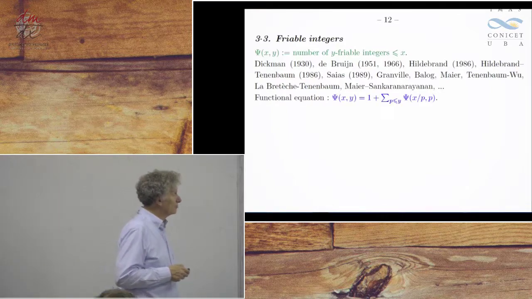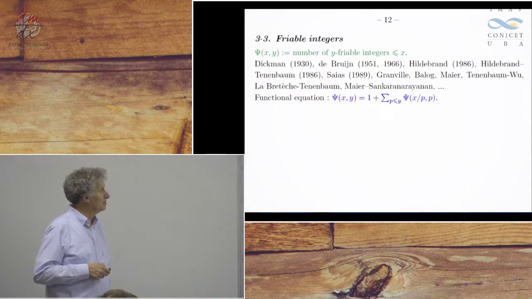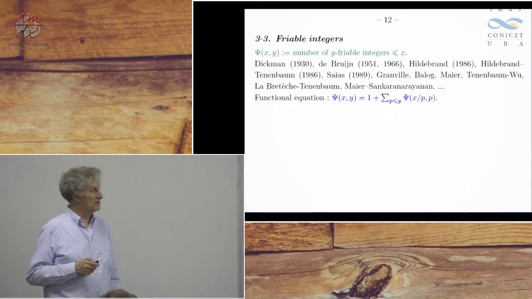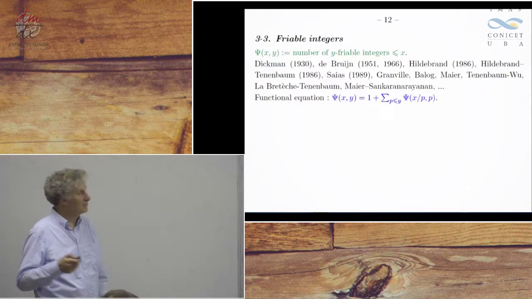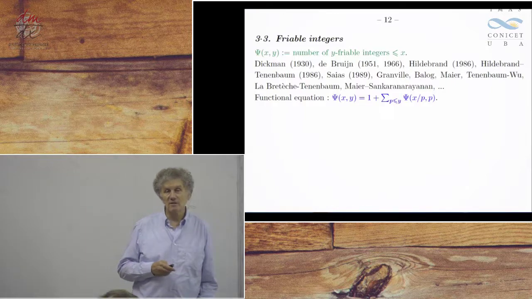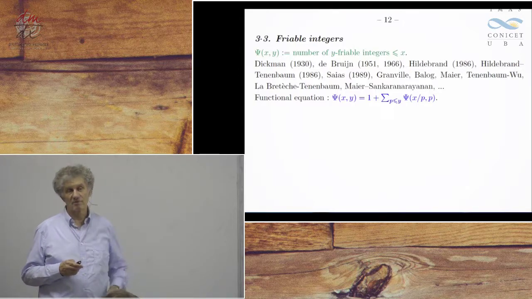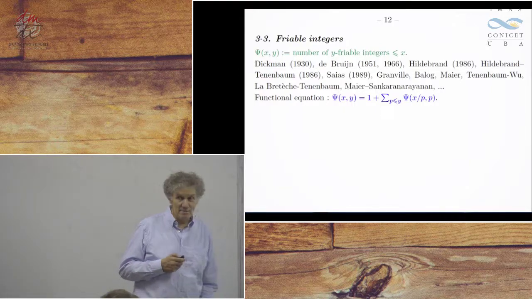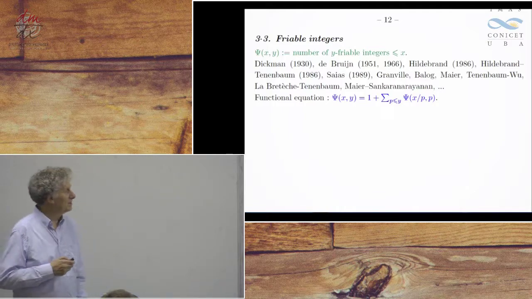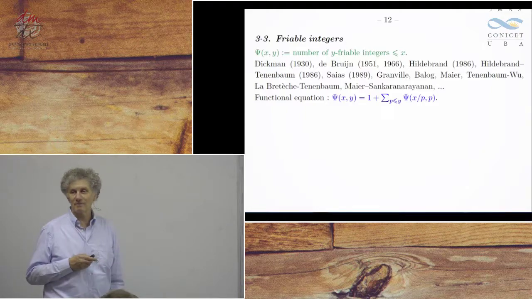And the first thing to note is that there is an easy functional equation. After all, a number, all of whose prime factors are less than y, is the product of a prime factor less than y by a number, all of whose prime factors are less than this prime factor. So with this, you get immediately a functional equation. It is so evident, this functional equation, that it limited the results because people were fascinated by this equation and wanted to use it, and actually it's not the best way.